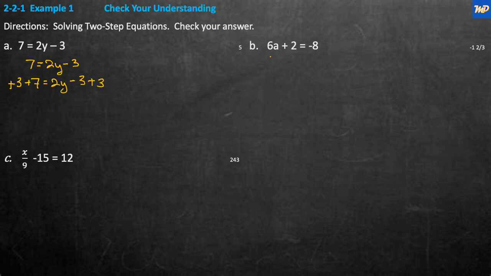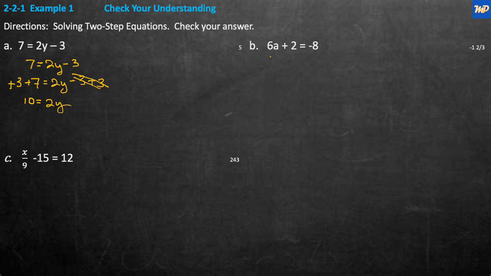So we've added using the addition property of equality. We added plus 3 to both sides. Then these 3's cancel. That's what we intended. And then we complete this over here, which 3 and 7 is 10. So now we have 10 equals 2y.